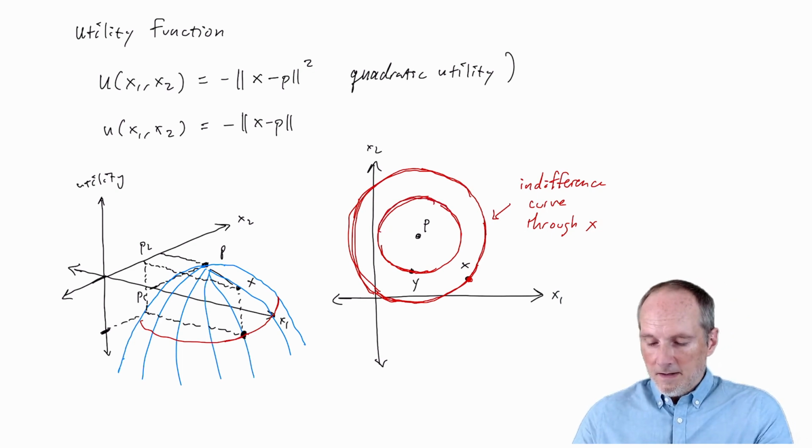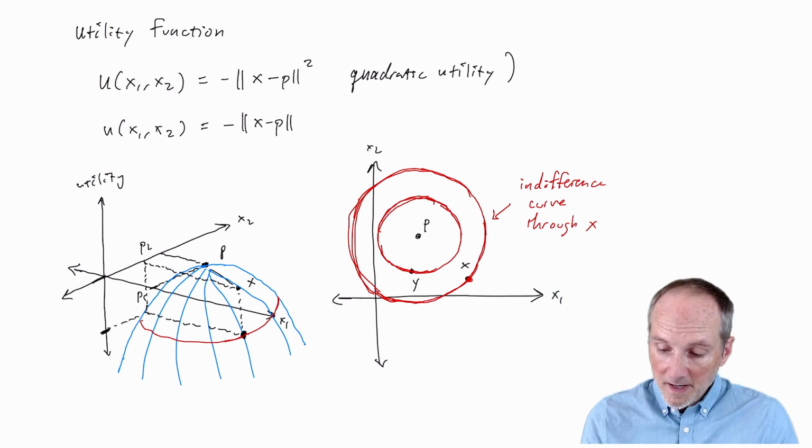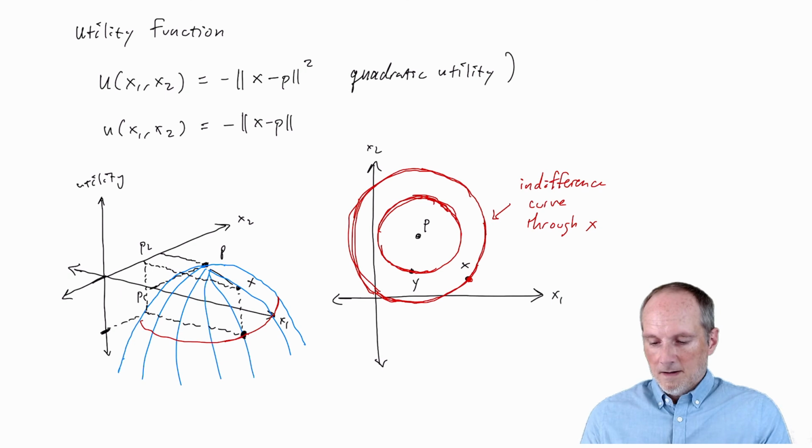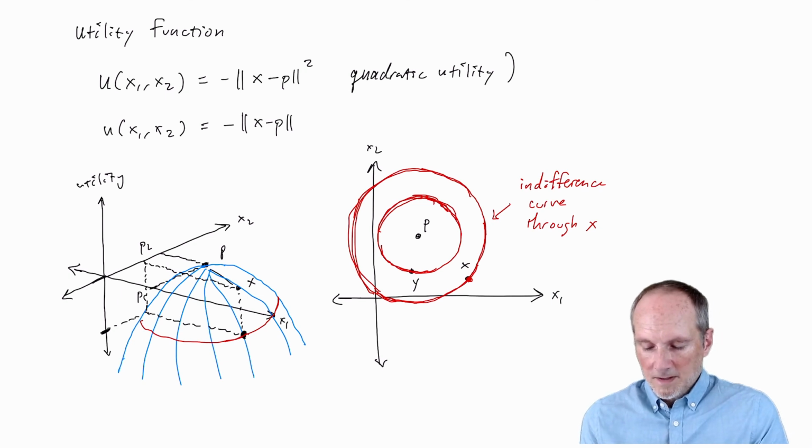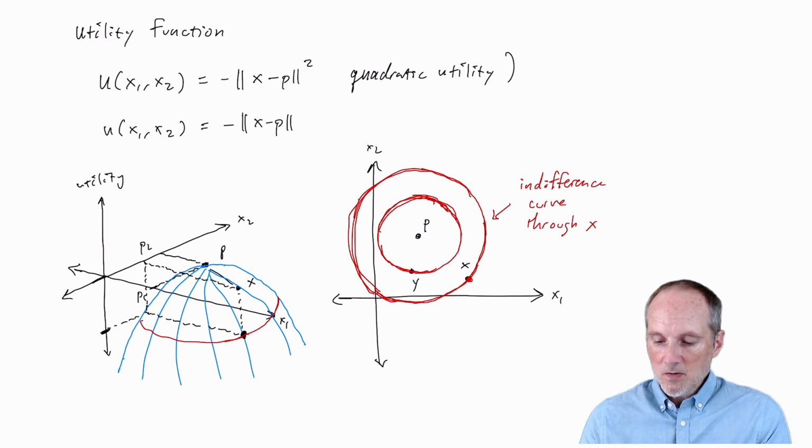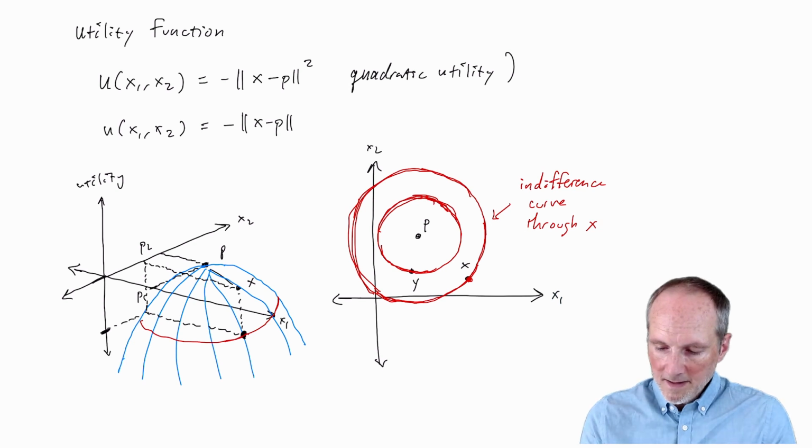And again, this politician is going to be indifferent between any two policies on that smaller circle, okay? But because that smaller circle is closer to the ideal point, everything on that circle has a higher utility. So those are all strictly better for the politician than anything on this bigger circle.